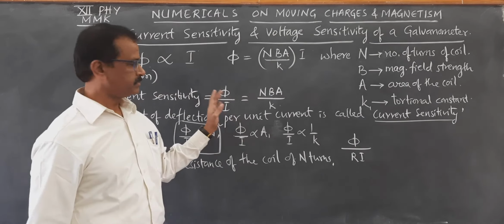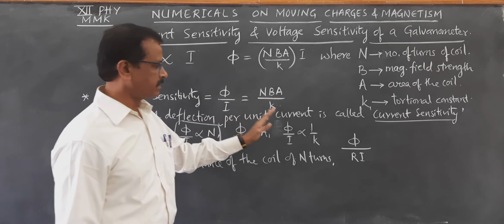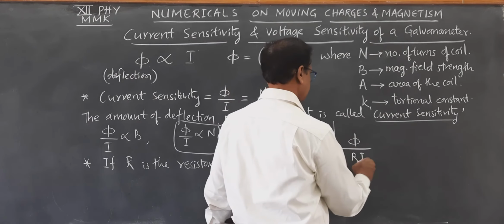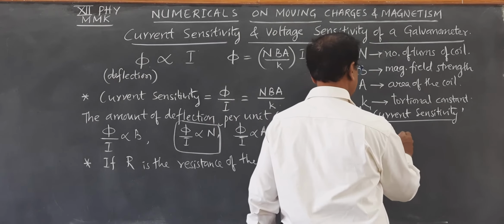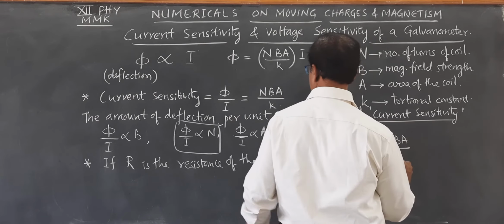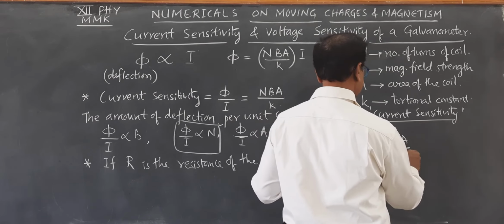Dividing both sides means left hand side as well as right hand side. Phi by Ri is equal to NBA upon Rk.